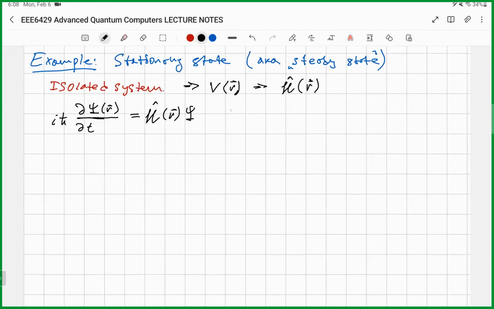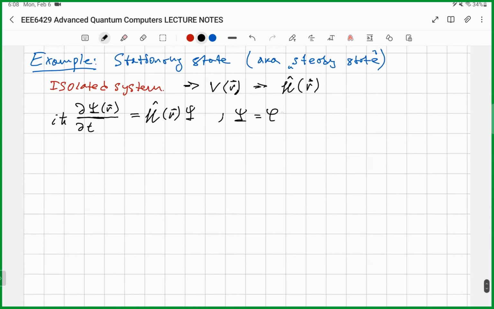So at this point, since this Hamiltonian doesn't depend on time, I can represent my psi as a product of two functions, phi, a function of r, and kappa, a function of t.